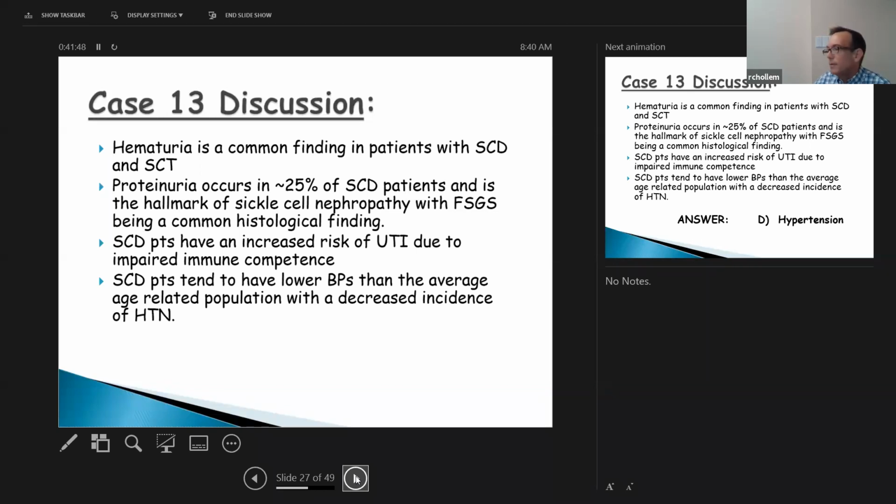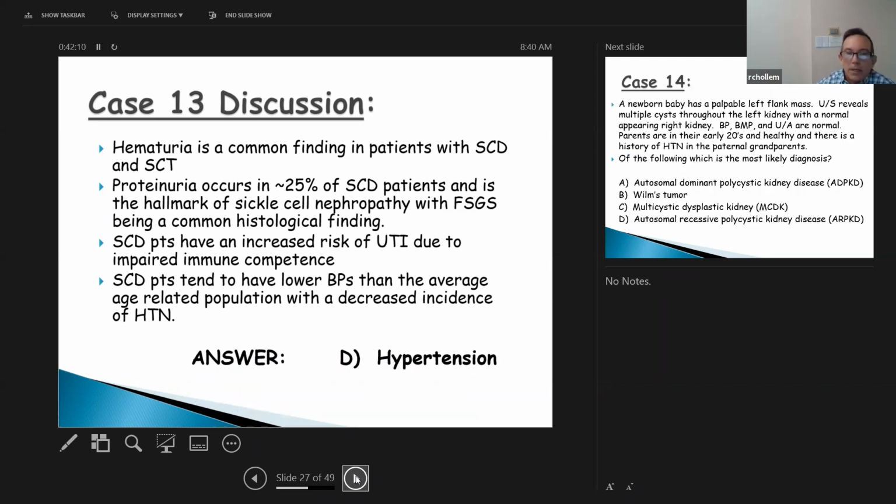Their immune system's not normal, right? So they can present with UTIs a little more than the general population. Remember, sickle cell patients run low blood pressures. And so when we see a high normal 90th to 95th percentile blood pressure in a sickle cell patient, that sticks out at us. So it's actually hypertension because they tend to run low.